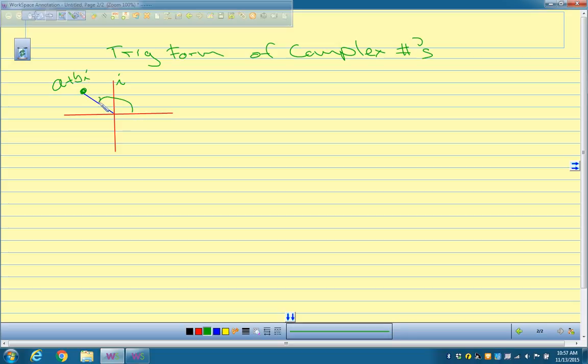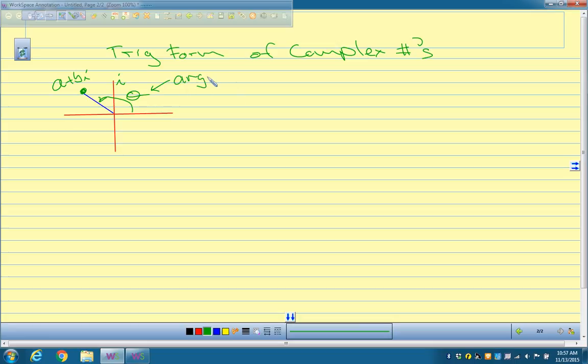This is theta, okay? And theta has a name. I don't know why they have to name it a different thing when it's a complex number, but this here is called the argument, okay?